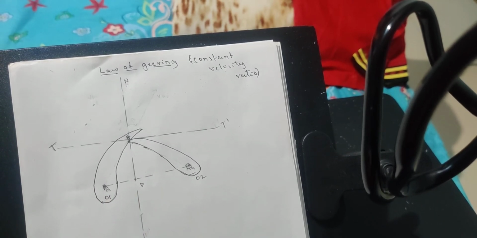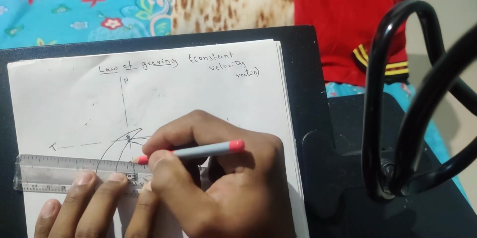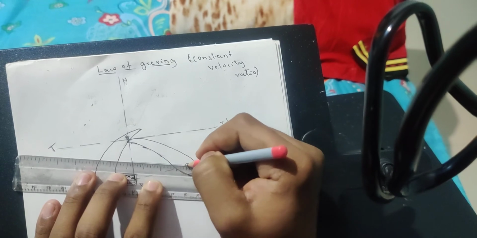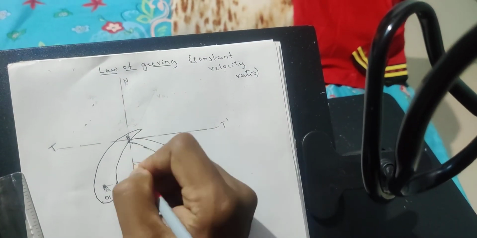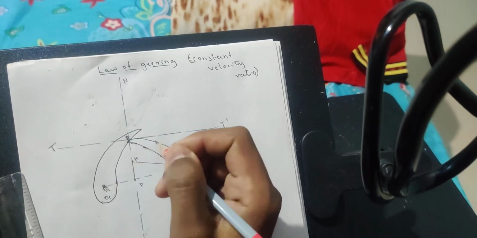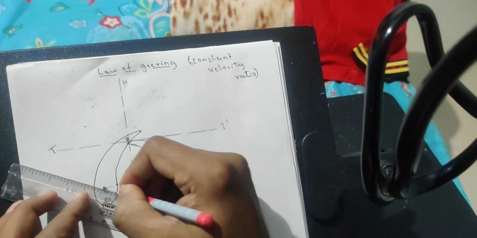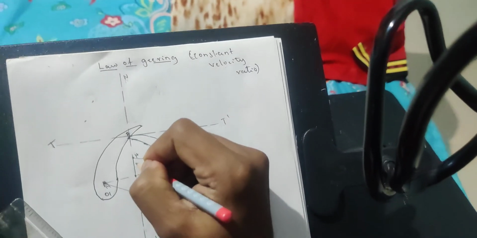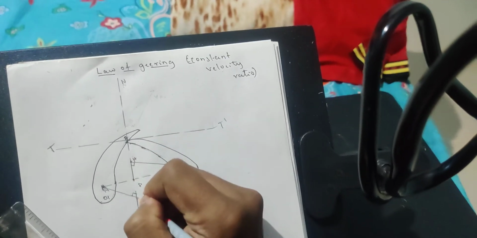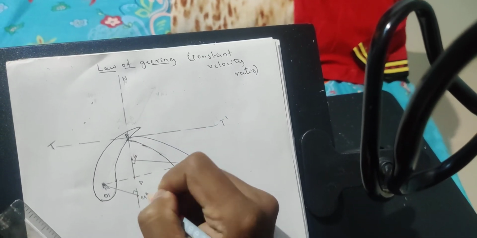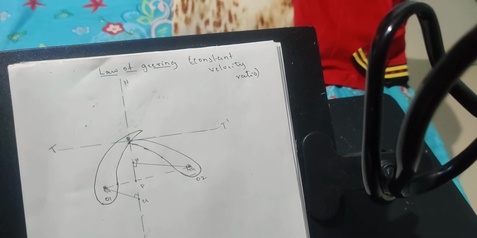So I'll draw a normal here, just a rough one, and mark this point as point H. One more normal I'll draw; this is 90 degrees, this is also 90 degrees. I'll name this point G. Clear? So we have done some construction for this.